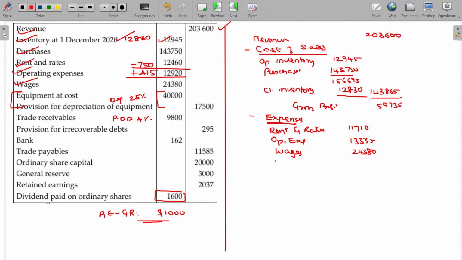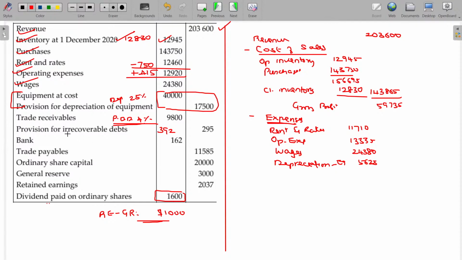Equipment, we can calculate the depreciation on equipment: 40,000 minus 17,500 is 22,500. On that 25% should be calculated, so 5,625. And trade receivables is an asset, but anyhow we have the provision for doubtful debts, 4% on this being how much? 392.